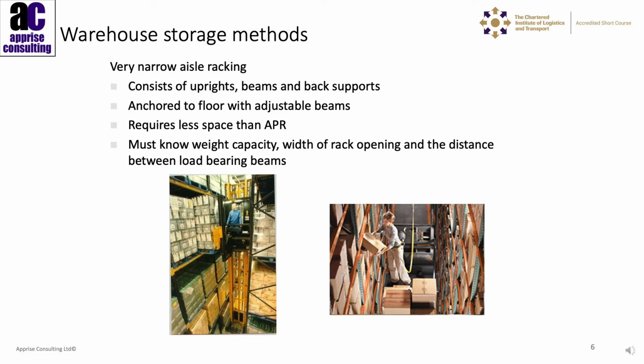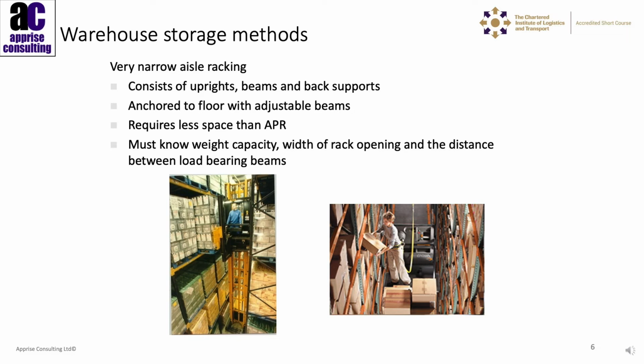We're operating with a very narrow aisle truck in an aisle width of about 1.65 meters, and the operator is going up to around about 14 meters within the warehouse itself. So what we're gaining with this is greater storage capacity. However, there can be a downside in terms of how long it takes to put away and retrieve the products themselves.